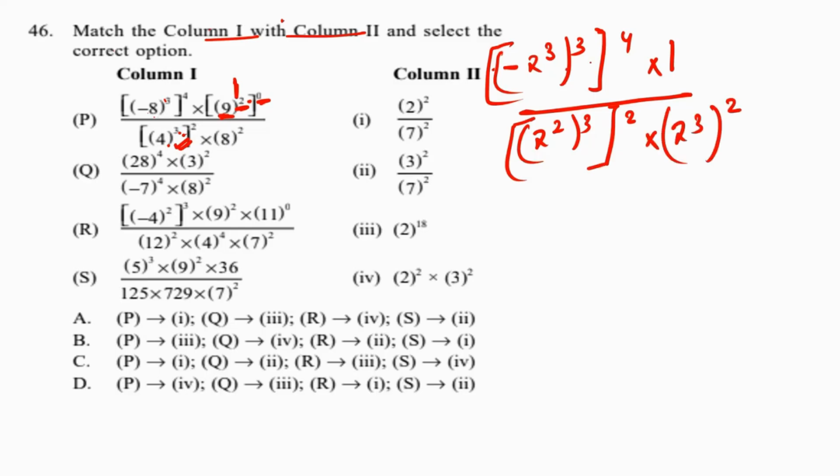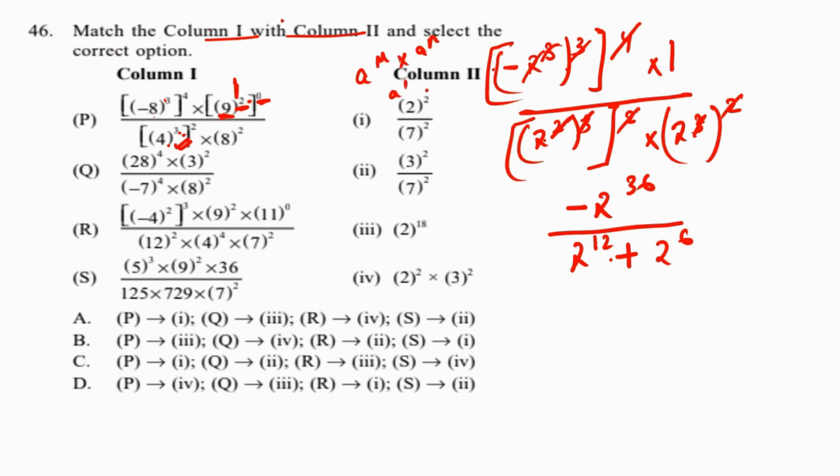Now if we simplify this, 3 times 3 is 9, 9 times 4 is 36, so minus 2 raised to 36 is in the numerator. And below we have 2 raised to 3 times 2 times 2, which is 12, plus 3 times 2, which is 6. According to the laws of exponents, a to the power m into a to the power n is a to the power m plus n.